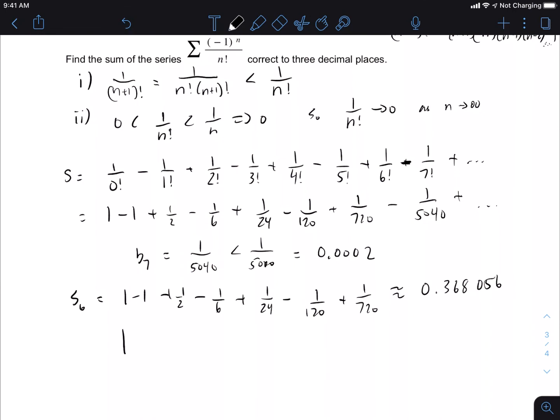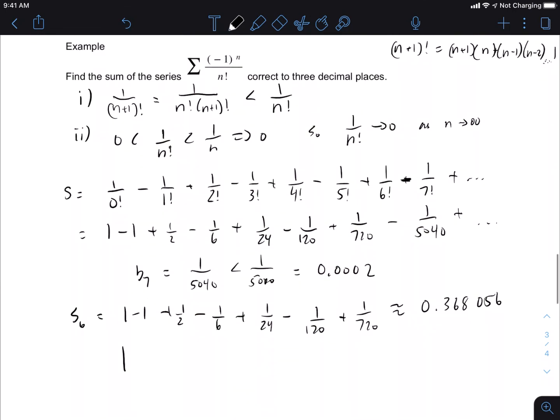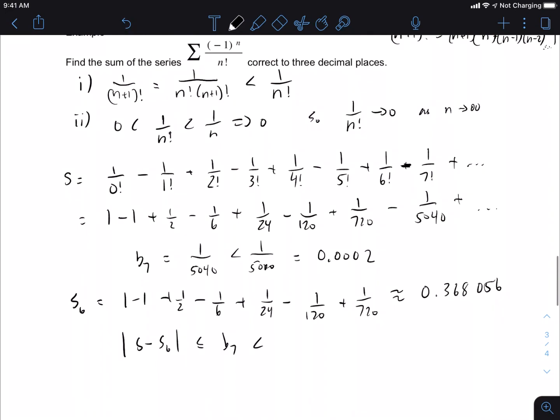And our error, the remainder, S minus S sub 6, has to be less than that b sub 7 term, which is 0.0002. And so while we're approximating, we know that we have exact correct values for 368. We may be off on the next digit, but we're correct at 3 digits here.